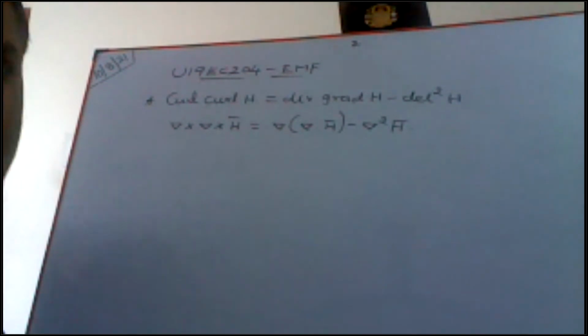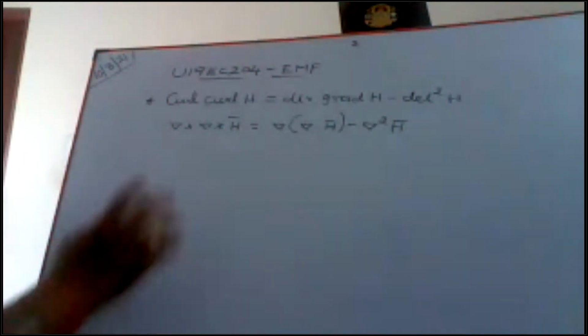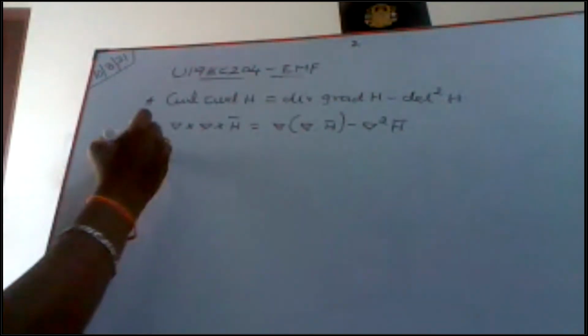Curl H equal to divergence of grad H minus del square H. So symbolically I can write it as this. Okay, so it's the proof.